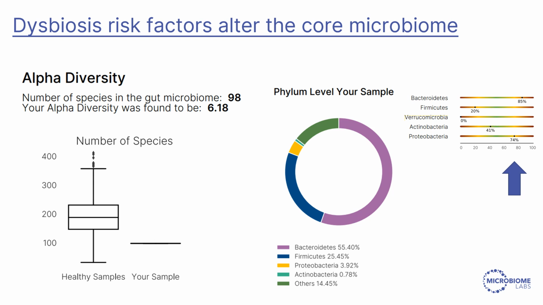And then, of course, on our test, we also look at the percentiles and how well balanced these groups of bacteria are. If you find that your patient has an imbalance and has an overgrowth of Bacteroidetes, for example, and then not enough Firmicutes, that is also a sign of dysbiosis.